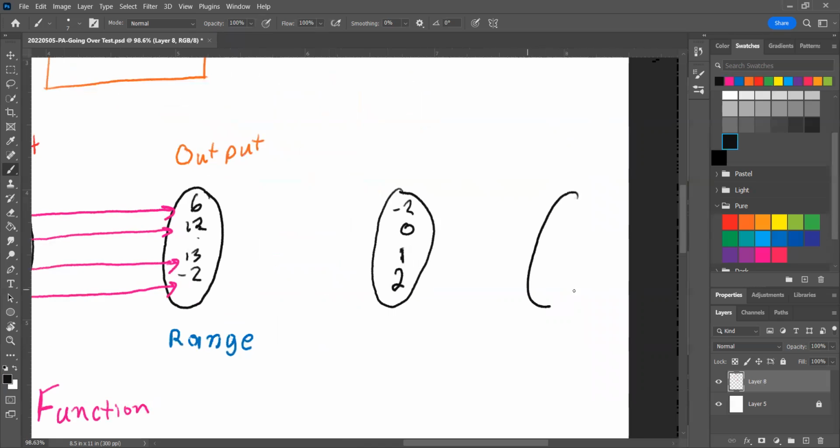And the output be 10, 11, 12, 13. So this is the domain, and this is the range. The set of all inputs is the domain. The set of all outputs is the range.